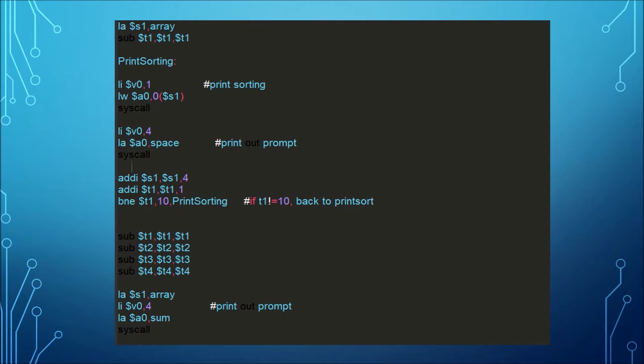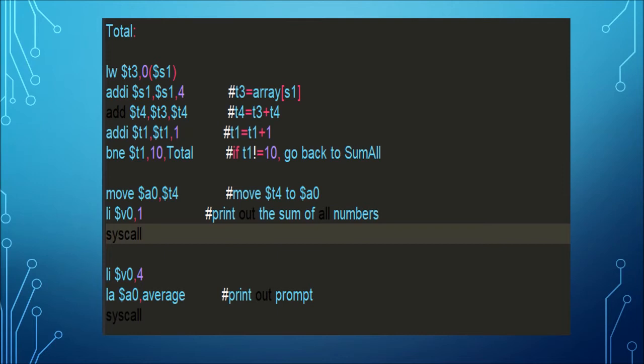To print out form, you need to put li $v0 4, then la $a0 sum. For total, $t3 is for array $s1.